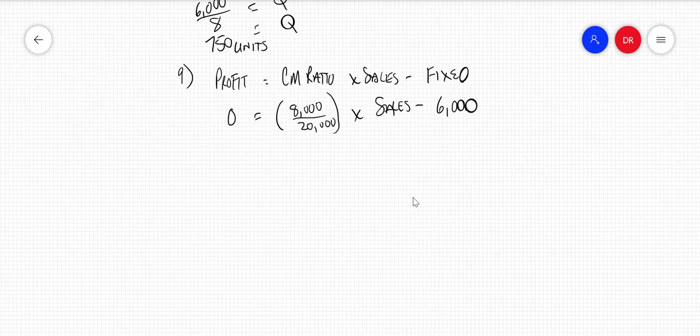So the $0 is equal to 40% times sales minus 6,000. We're going to take 6,000 on both sides and add it. We have 6,000 is equal to 40% times sales.